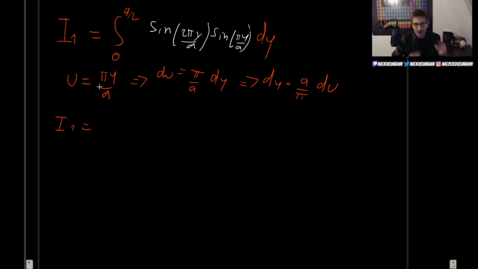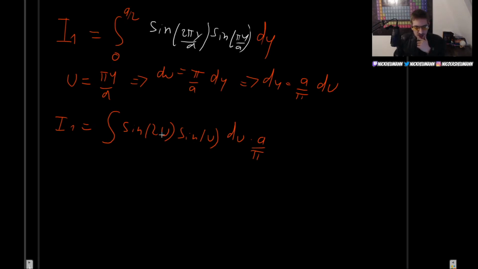If you like to plug in the limits, then you have to change them at every step. I like to do it the way I just mentioned, which is why I will use this as an indefinite integral until I redo all of the substitutions. But it is personal preference. Okay, so this is going to be sine of 2u sine u du times a over pi.